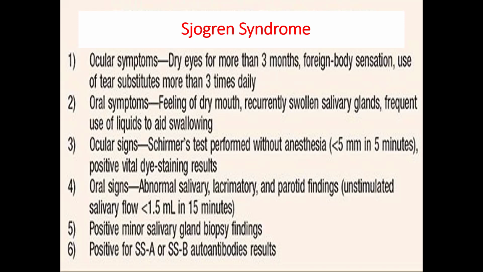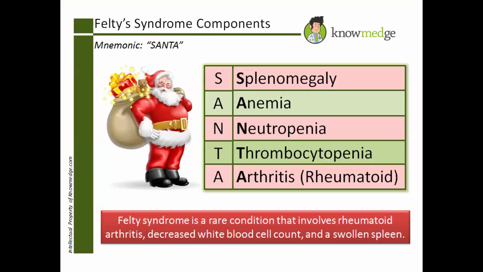There is a primary form and there is a secondary form. Felty syndrome. This is a syndrome that occurs in adolescence. Basically, it's a rheumatoid arthritis associated with splenomegaly, anemia, neutropenia, and thrombocytopenia.